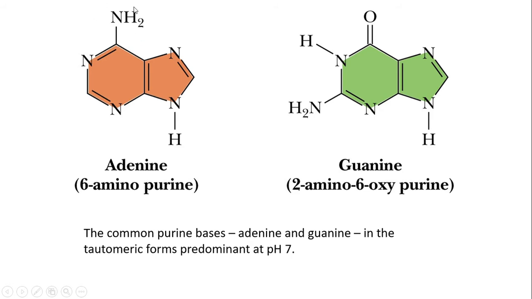So this is 6 aminopurine, or adenine, and guanine is 2 amino 6 oxypurine. So the differences here are an amino group here and a carbonyl group here. And these are the predominant forms at pH 7 once again.